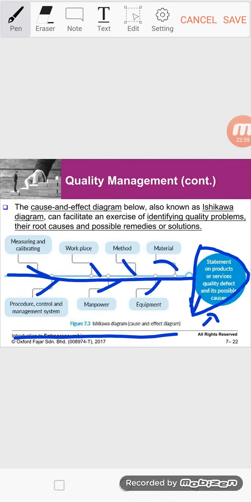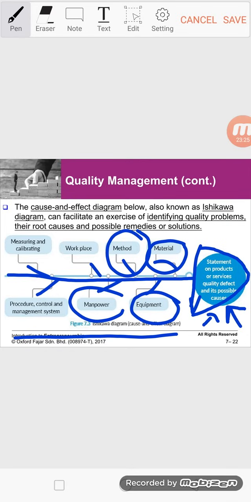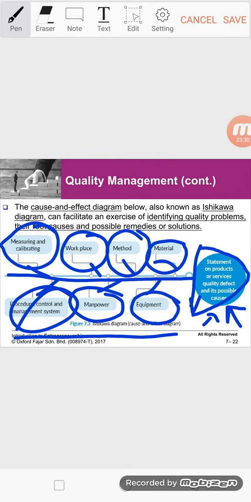Okay, so fishbone diagram ni usually memang entrepreneurs atau companies dia akan menggunakan ni if they want to get down to the problem of bahagian mana-mana lah. So all the problems dia akan letak dekat dia punya head ni of the fish, and then dia akan cuba tengok, okay, problem ni mungkin dekat bahagian material dia ke, dekat bahagian equipment ke, dekat bahagian method ke, manpower ke, workplace ke, measuring and calibrating ke, ataupun procedure ke.